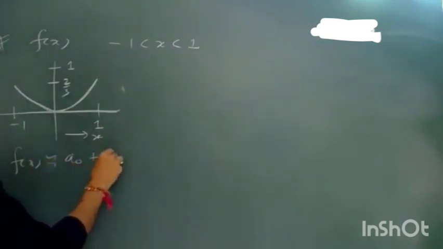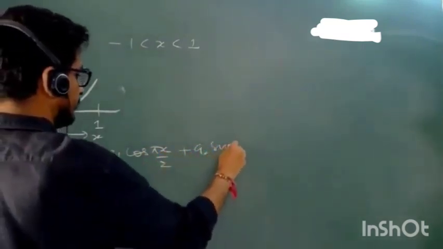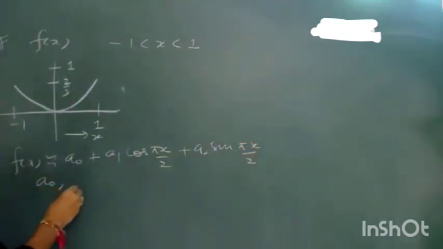This is 1, this is 2/3, this is -1, this is 1, this is x, and the function was written like fx is equal to a0 plus a1 cos pi x by 2 plus a2 sin pi x by 2. And what are the values of a0, a1 and a2? This is the question.